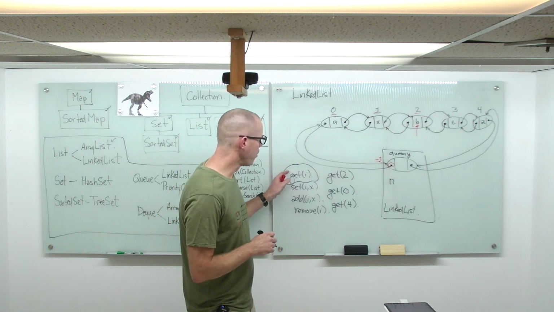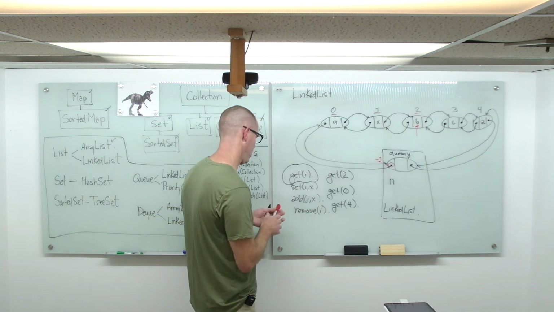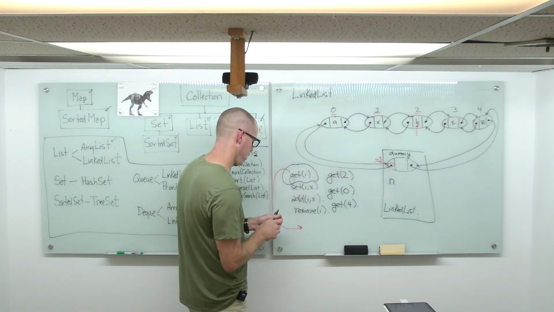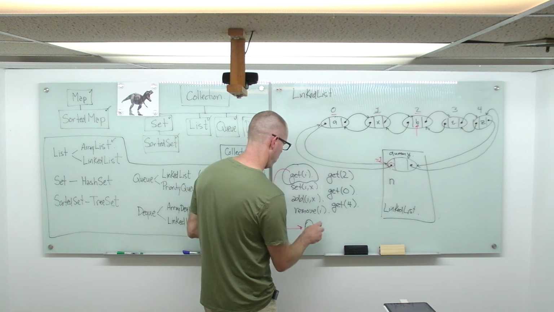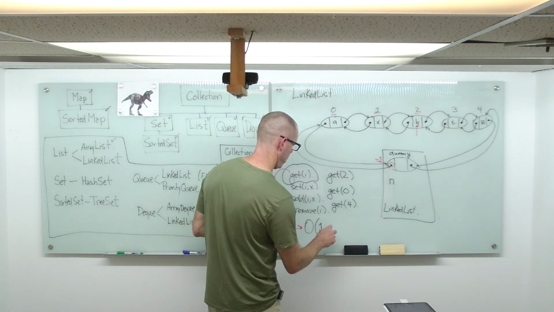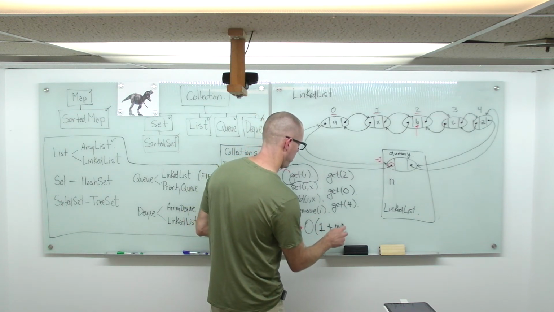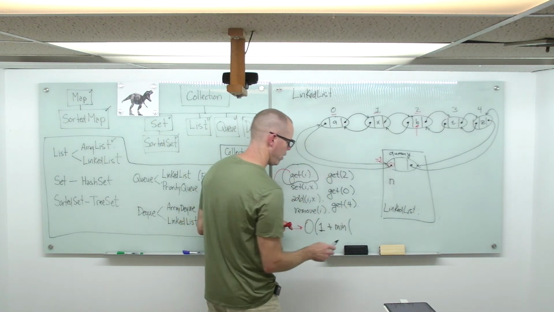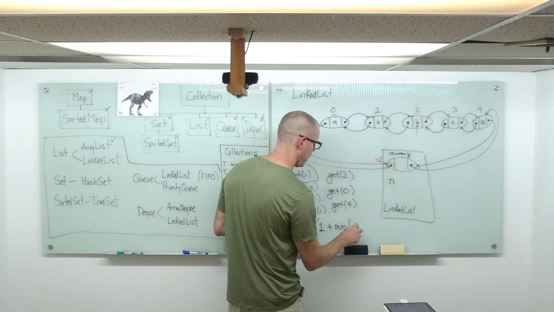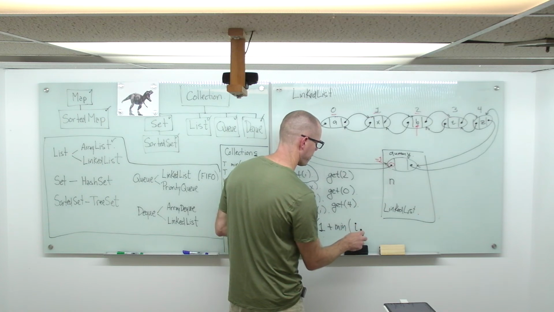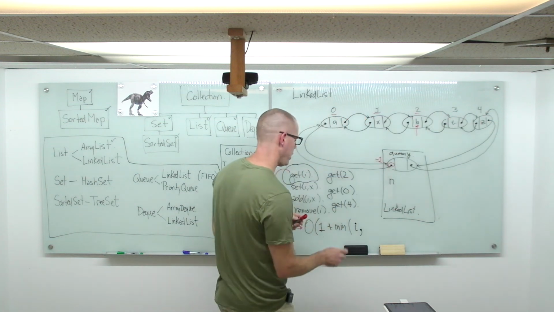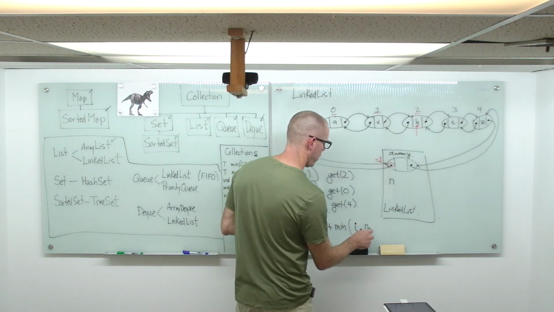But then the running time of this thing becomes O of 1 plus the minimum. If I have to go forward, then I take I steps. And if I have to go backwards, I take something like n minus I steps.